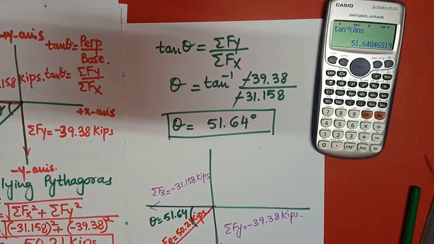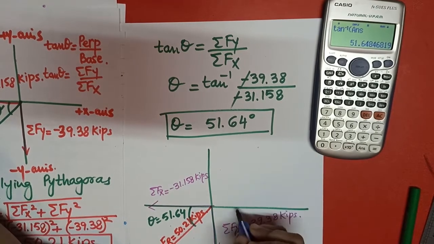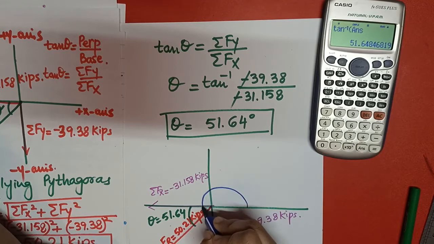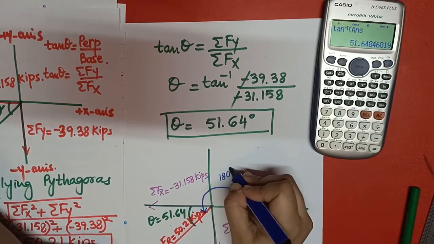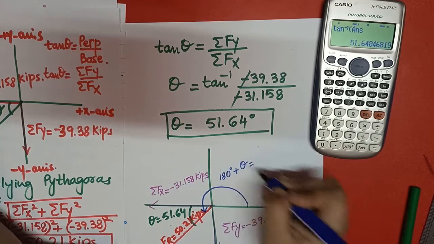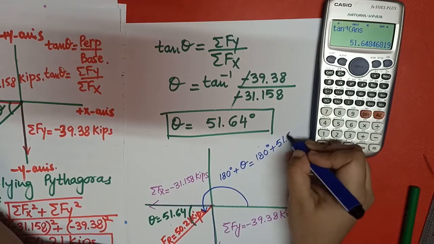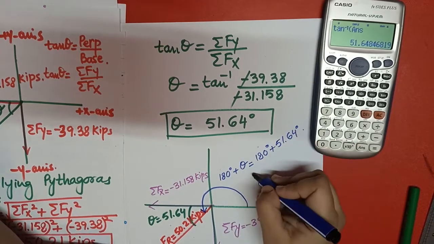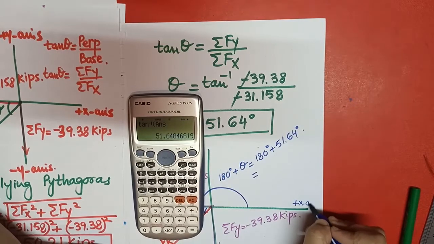What you have to do next? If the question is asking you to find the anti-clockwise angle of the resultant force, what I have to do is 180 degrees plus theta. So 180 degrees plus 51.64, this is the anti-clockwise angle with respect to the positive x-axis.